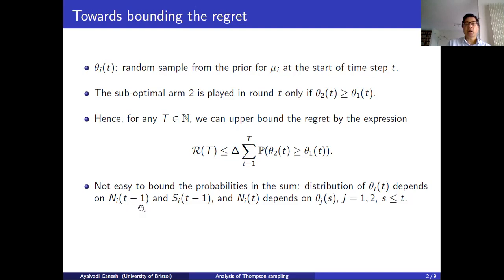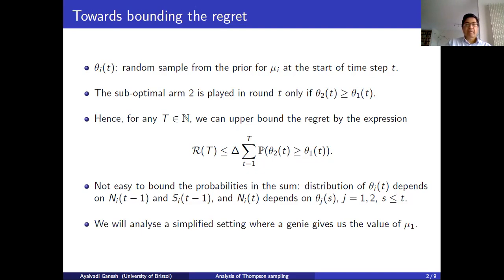They are determined by how many times each arm was played and what the number of successes were. But the number of times each arm was played is in turn determined by these parameters in the past. So there are complicated dependencies here, and it's not easy to work out a bound on these probabilities.